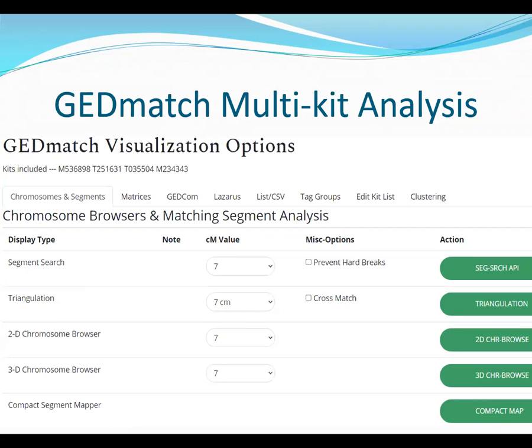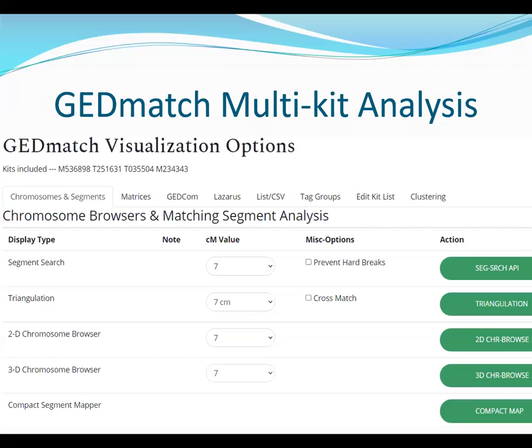Multi-kit analysis is a very sophisticated set of tools that GEDmatch provides, and this could be an entire hour presentation by itself, just learning how to go through this. I would suggest you explore all this if you have time to learn the various different fields.